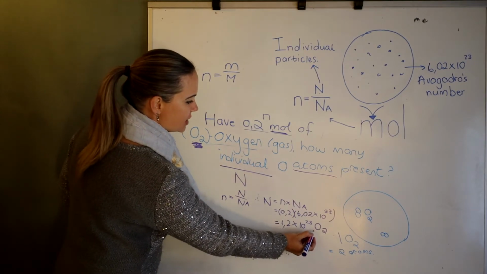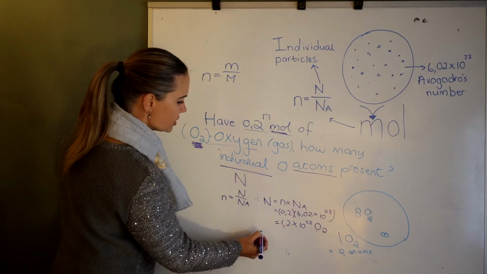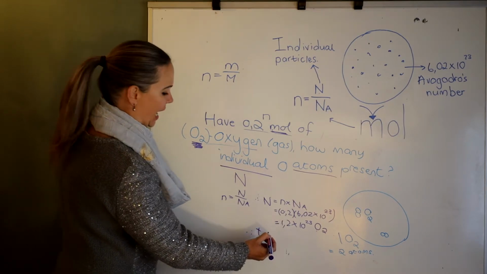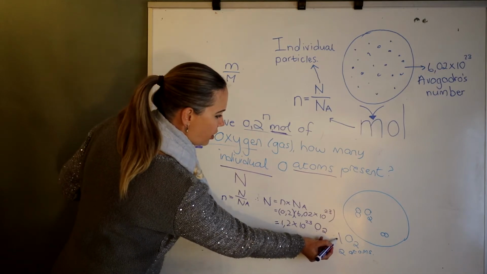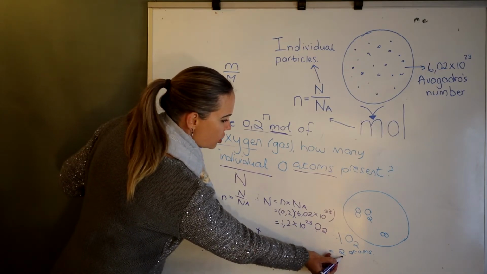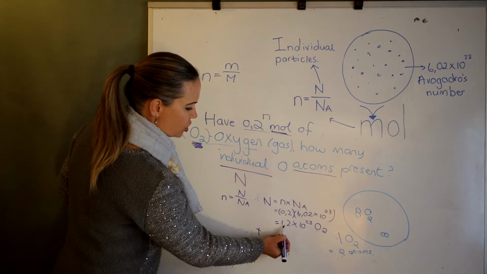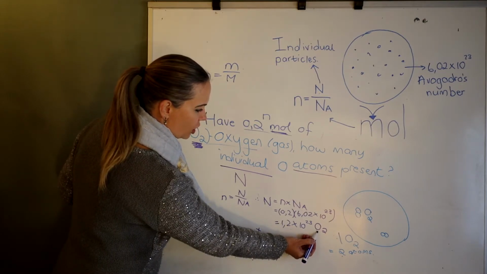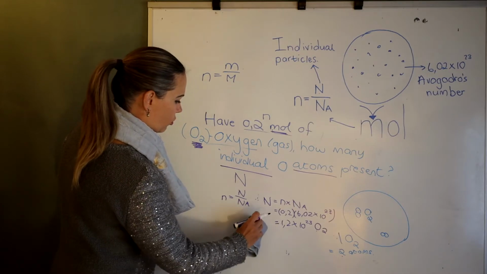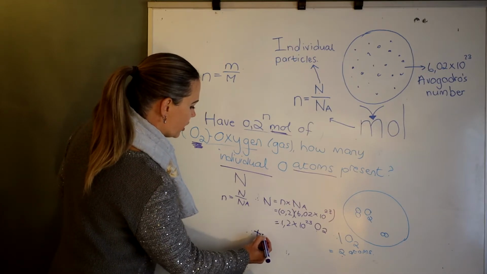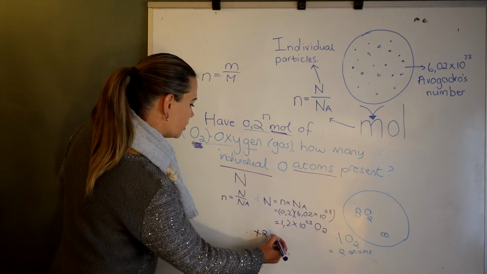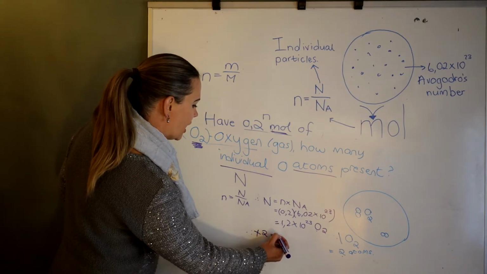So if that's the number of molecules, there will be twice as many atoms, because one oxygen molecule consists of 2 atoms. So 1,2 times 10 to the power 23 oxygen molecules will have to be multiplied by 2 to get the number of individual atoms.